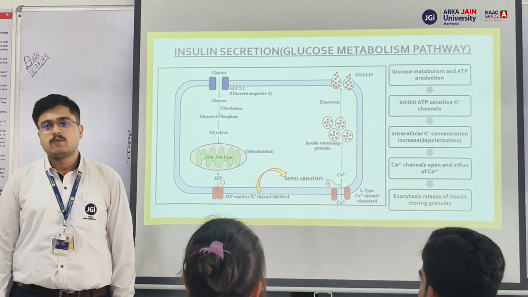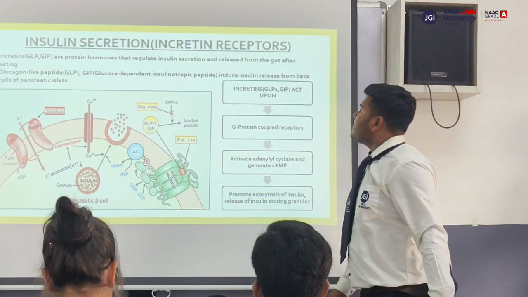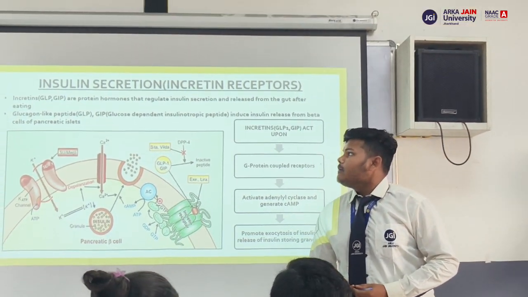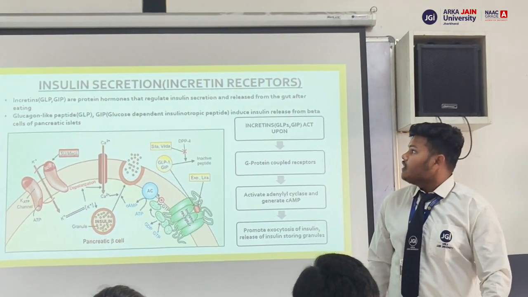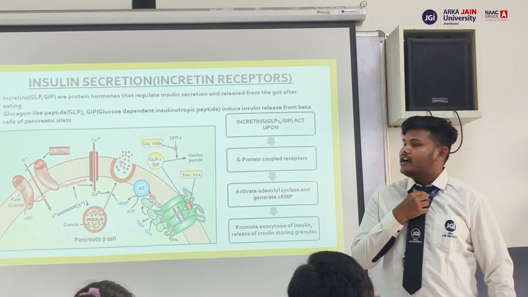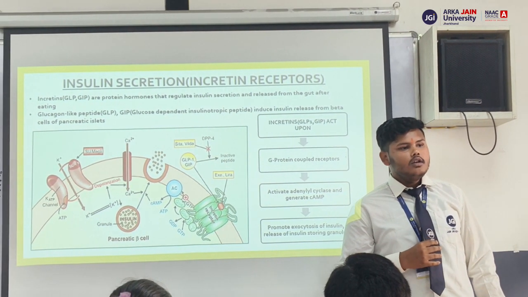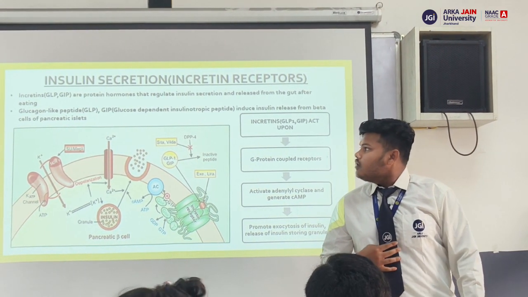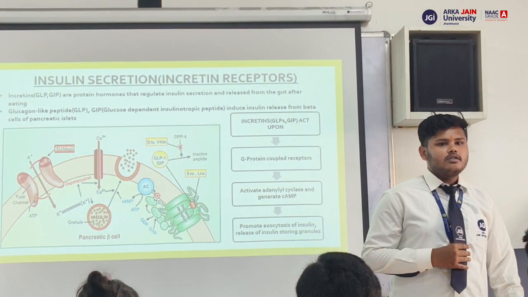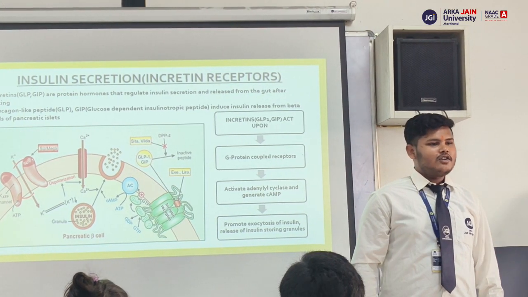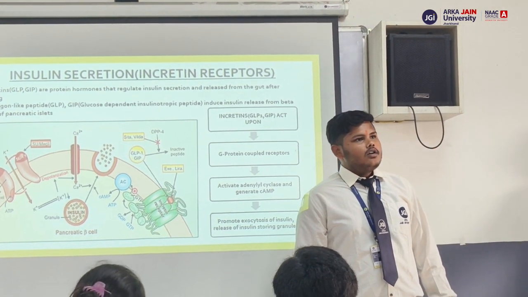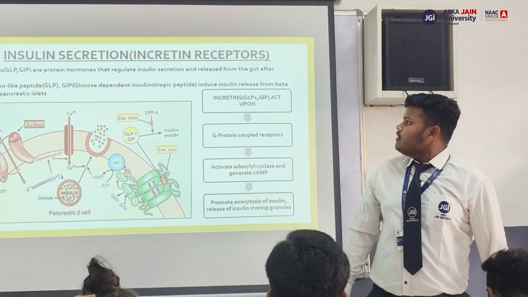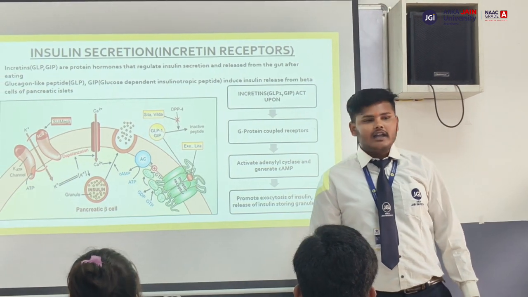And this was the overall process. And incretin receptor. Incretins, GLP and GIP, are protein hormones that regulate insulin secretion and are released from the gut after eating. GIP is glucose dependent insulinotropic peptide, and GLP is glucagon like peptide. They induce insulin release from the beta cells of the pancreatic islet.